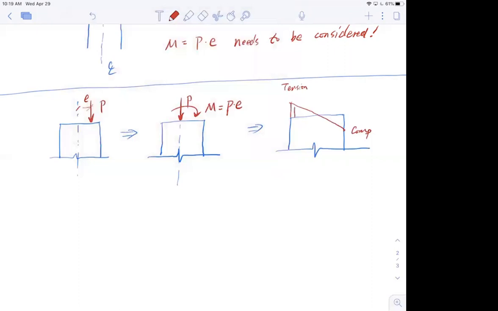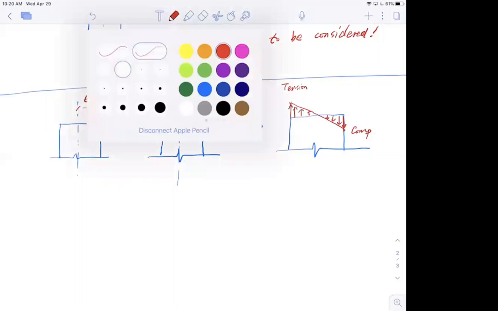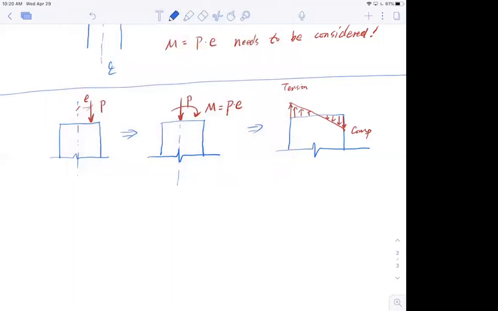So this is tension, and this is compression. Now we said this before: steel is good for tension and concrete is good for compression. So now we actually have this, but this is only caused by the bending moment. We also have to consider the compression.